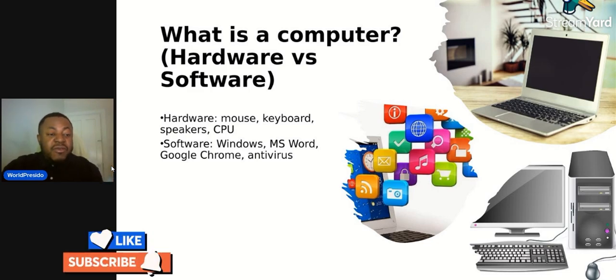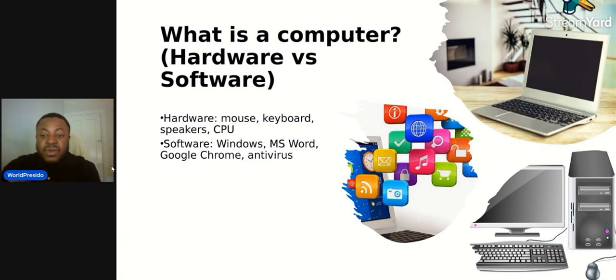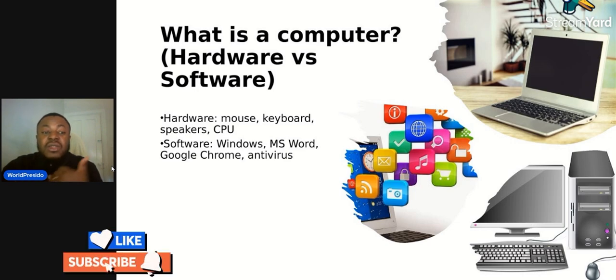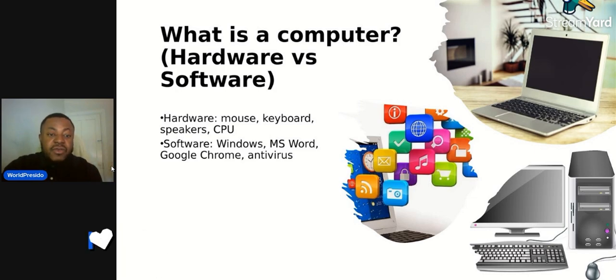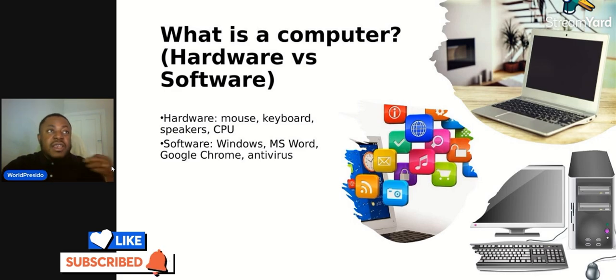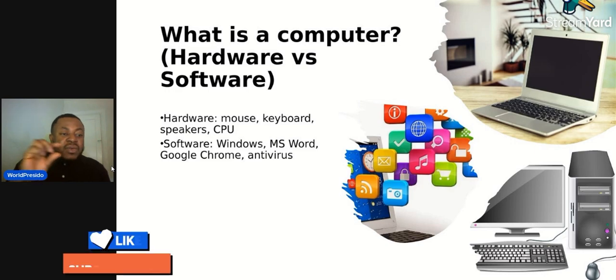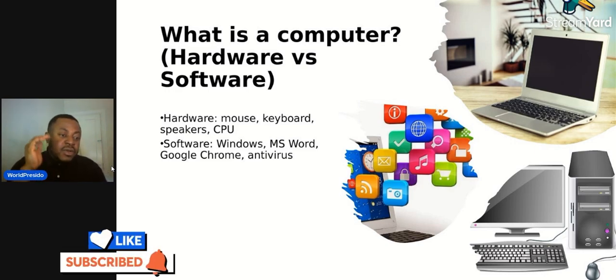What is a computer made up of? Like you can see on the screen already, these are different kinds of computers. What is a computer made up of? Yes, you're right. Softwares and hardwares. So if somebody asks you what are hardwares, let us not go into English grammar.